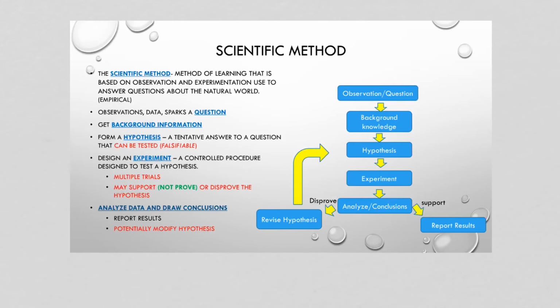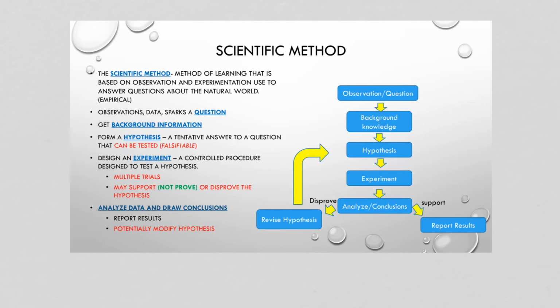So the experiments can support your hypothesis, or they can disprove your hypothesis. So the two have to be connected, right? The results of your experiment must support your hypothesis in order for that hypothesis to be correct.